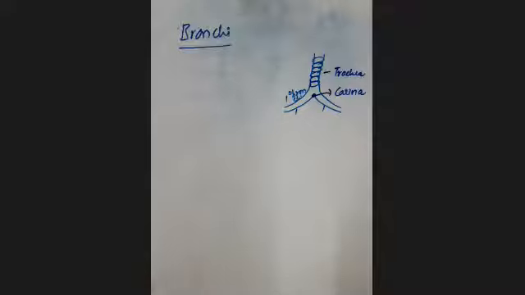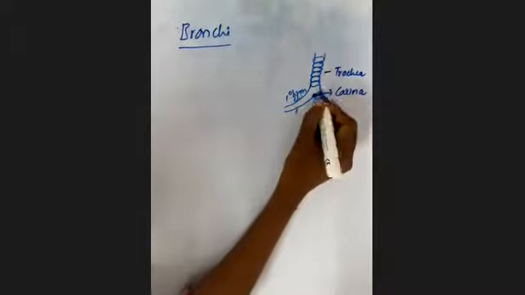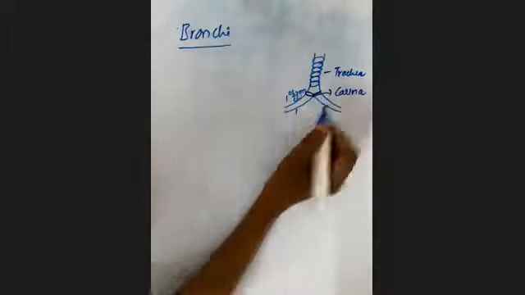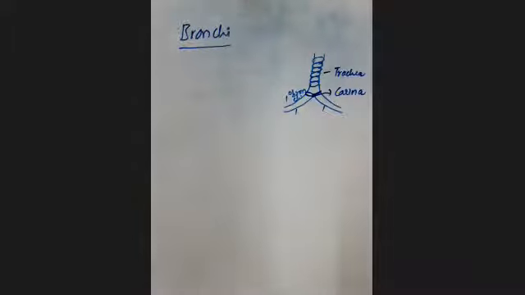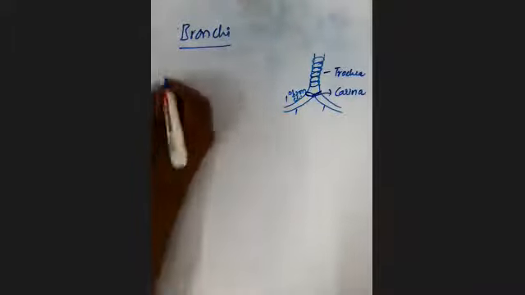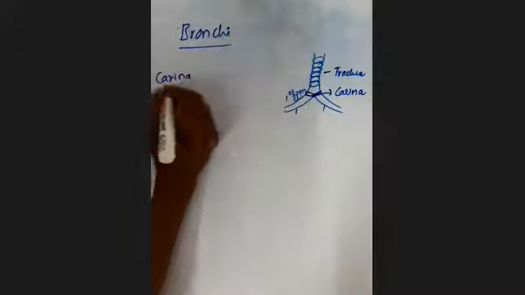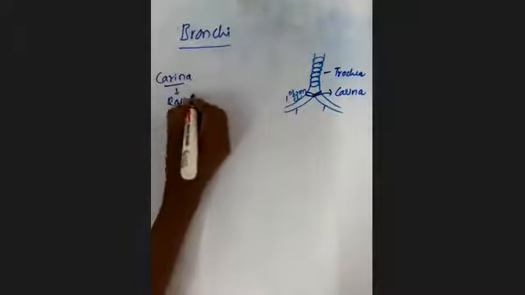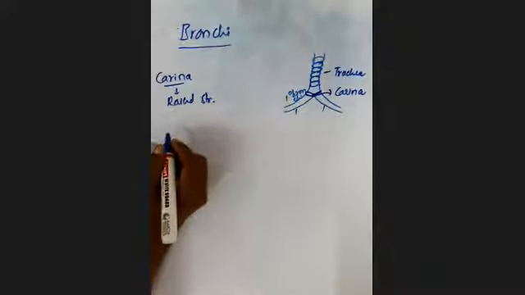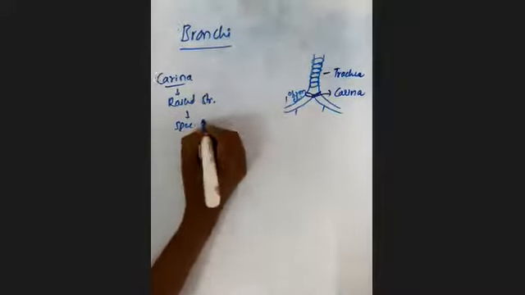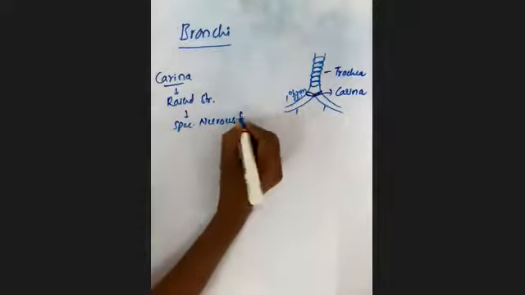This carina is a raised structure that contains specialized nervous tissue that induces violent coughing if a foreign body is present. Mainly it consists of specialized nervous tissue.